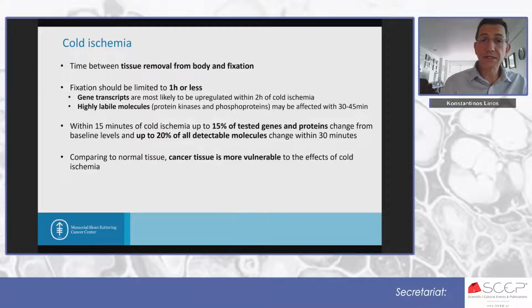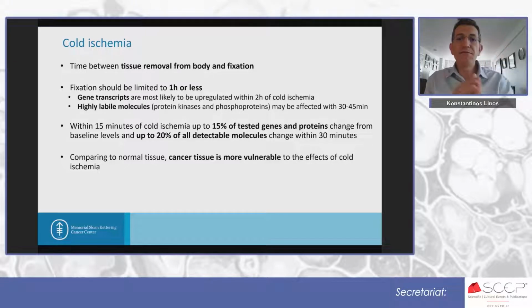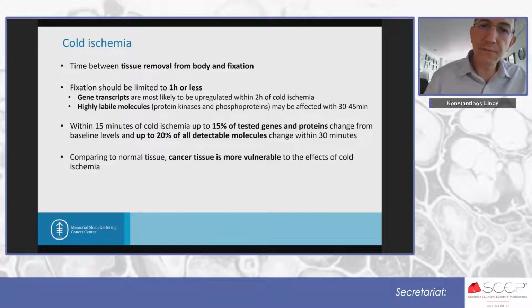That is important, and that has to be 1 hour or less. The reason is that until you fix the specimen, all the biological processes in the tumor continue. They haven't stopped. So that can affect gene transcripts, which are likely to be upregulated within 2 hours of cold ischemia, and highly labile molecules like protein kinases and phosphoproteins can be affected much sooner, in 30-45 minutes.